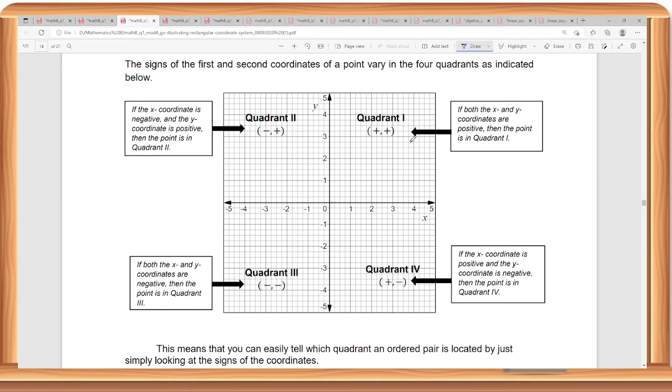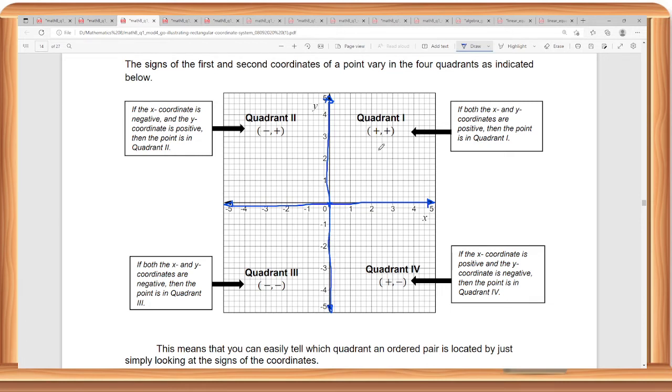On the horizontal line, or the x-axis, from 0 going to the right, the values are all positive, and from 0 going to the left, they have negative x coordinates. On the y-axis, or the vertical line, from 0 going up, the values are all positive, and from the origin going down, they are all negative.